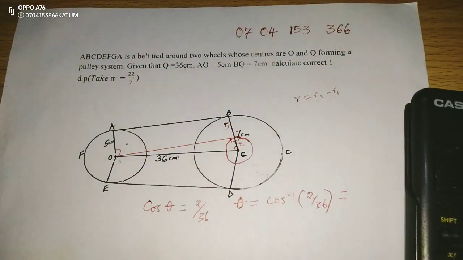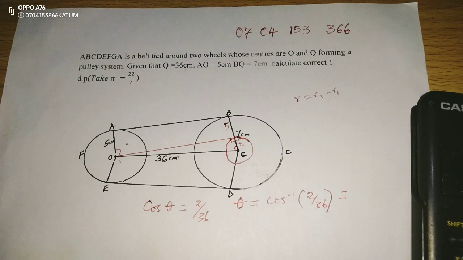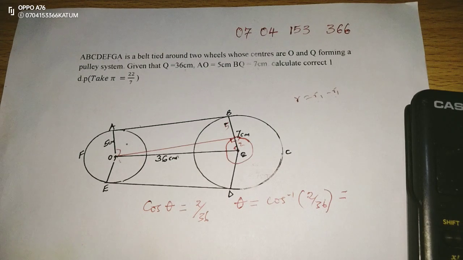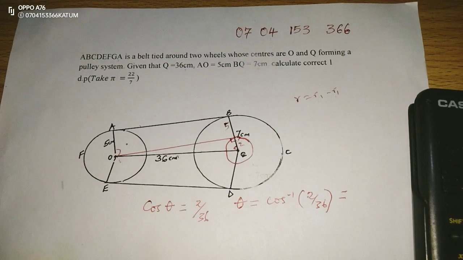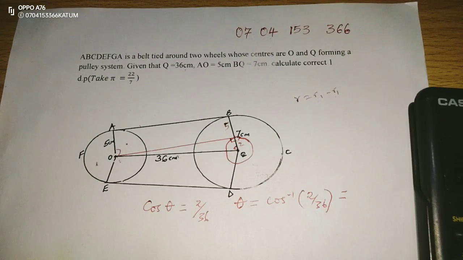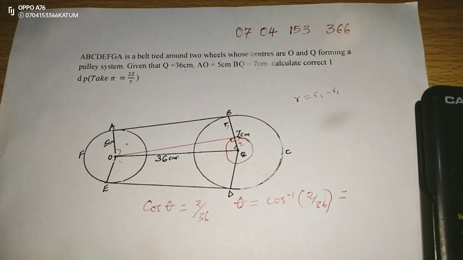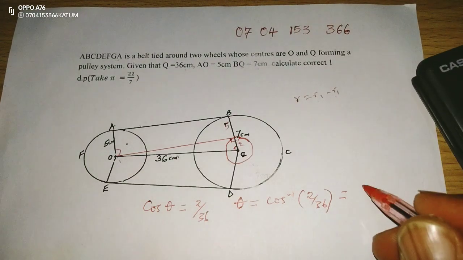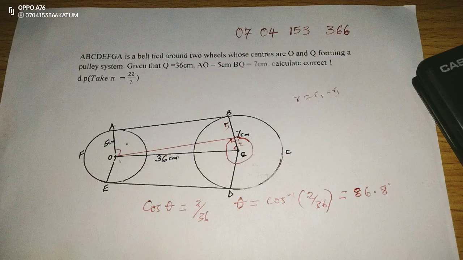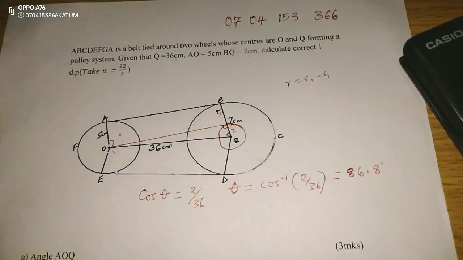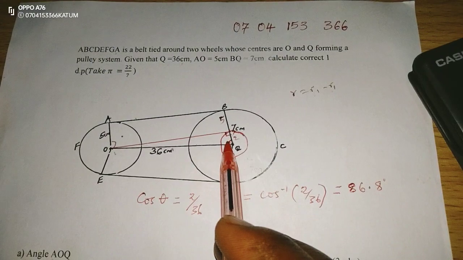Using the calculator, shift cosine of 2 out of 36 gives 86.82, which to one decimal place is 86.8. Therefore 86.8 is the angle here.